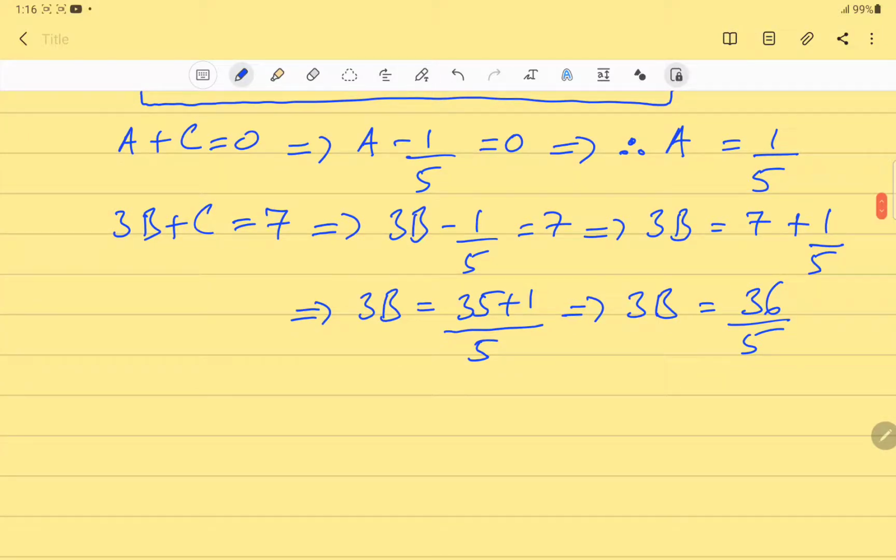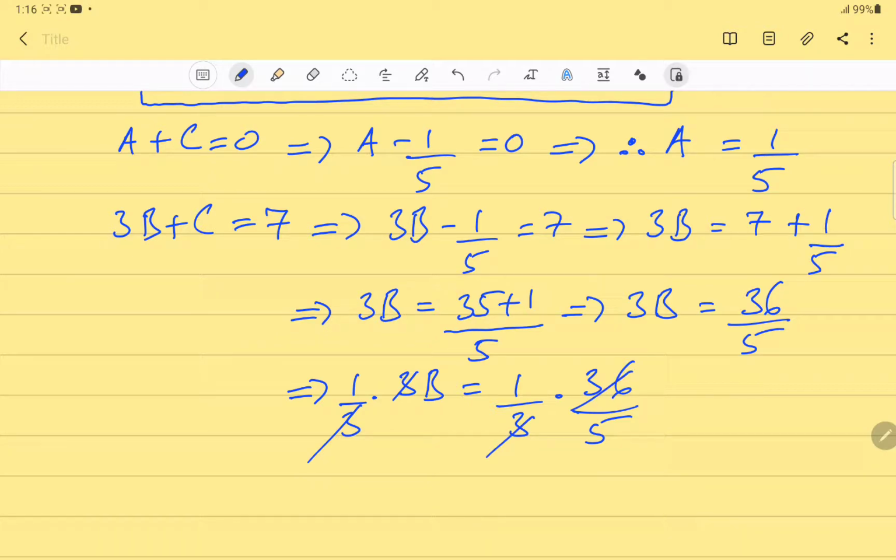Now we multiply both sides by 1 over 3. So 1 over 3 into 3b is equal to 1 over 3 into 36 over 5. This 3 cancels with 3 and this 3 cancels with 36, and here we get 12.